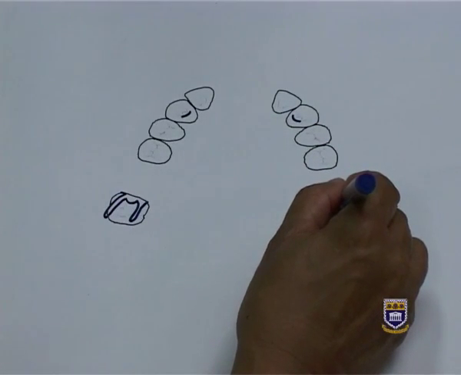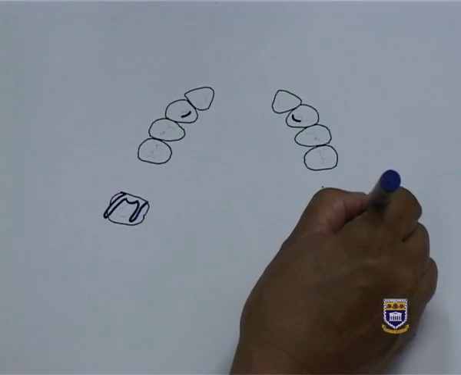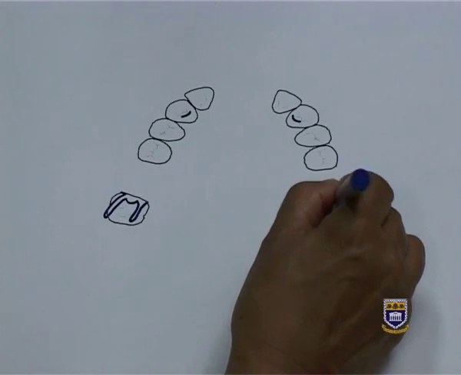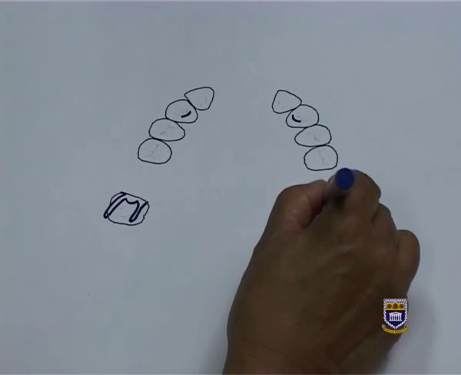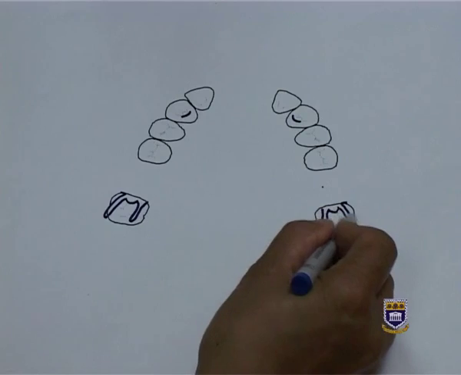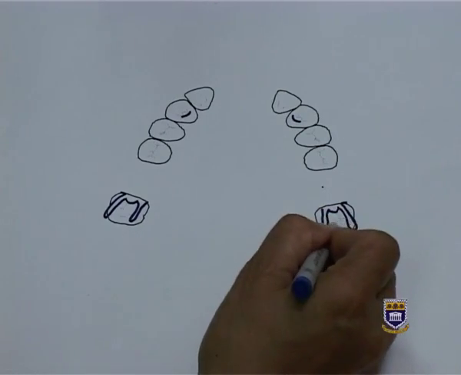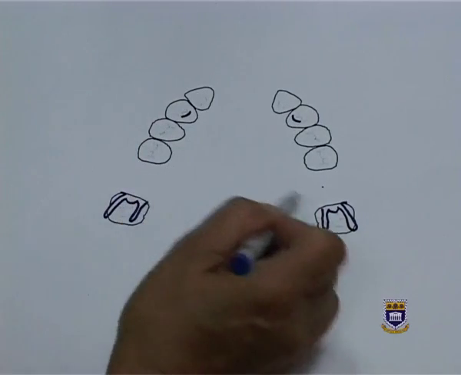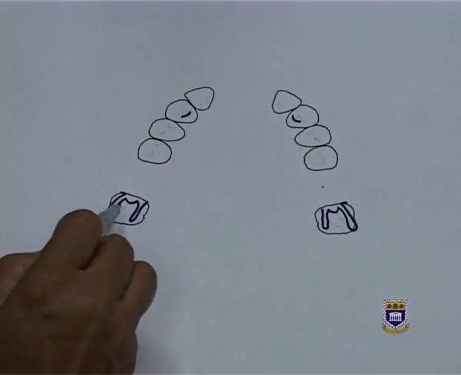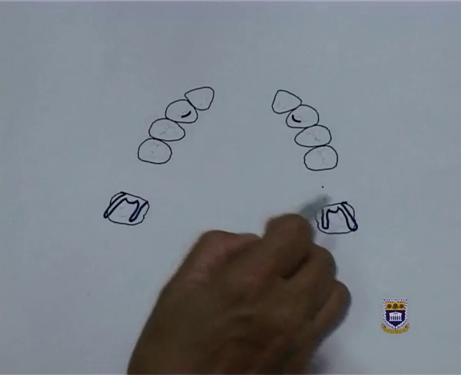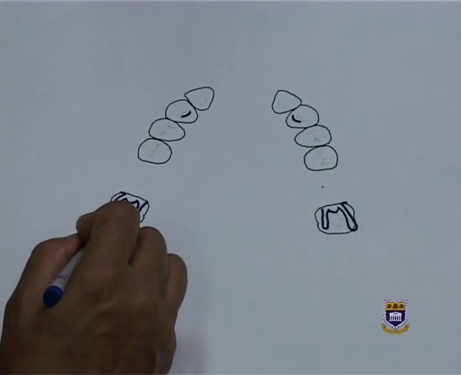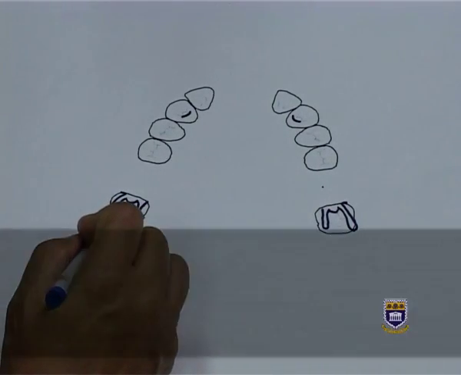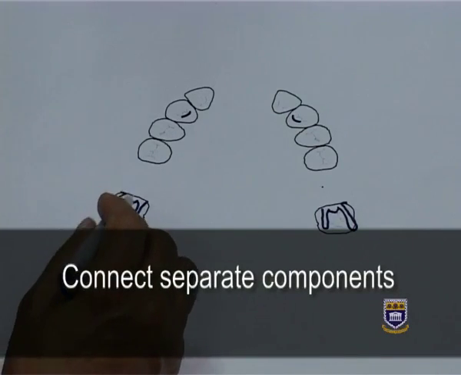In the second quadrant I will also use a circumferential clasp, and my reciprocal arm that is reciprocating the action of the clasp. So I've got my 1, 2, 3, 4 rests. I've got my 2 clasps, one on either quadrant, and the next component is to connect the separate components.